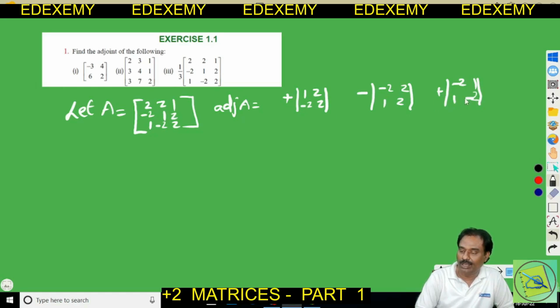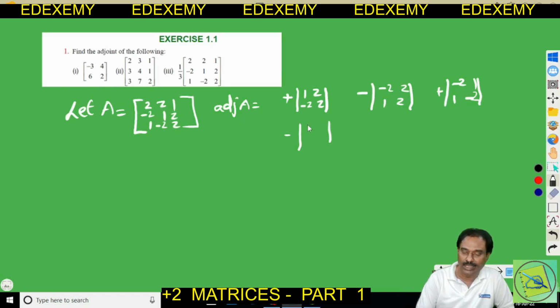Similarly, you have to write the value of the other elements. Now, for this minus 2, here plus, then it comes in the minus, determinant of minus 2, which is in the second row, first column.